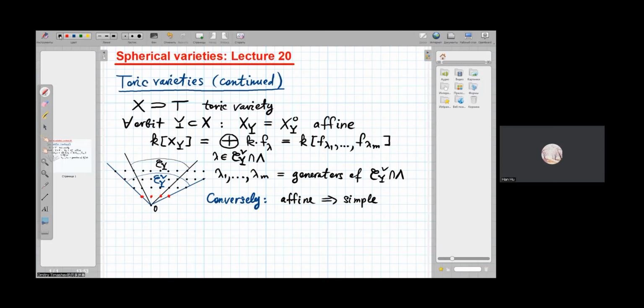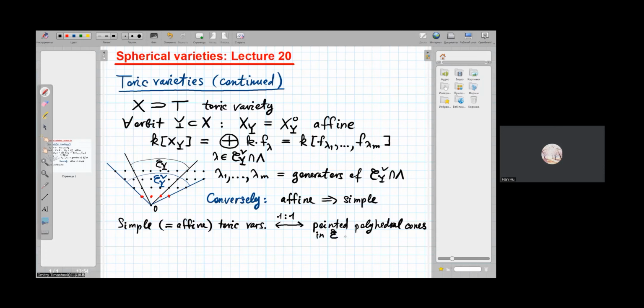So to conclude our discussion, we have the following. Simple, which is the same as affine, toric varieties are in a one-to-one correspondence with pointed polyhedral cones in the vector space spanned by the dual of the weight lattice, as usual, in this vector space E. Well, I should say colored cones, but in the toric case, there are no colors.